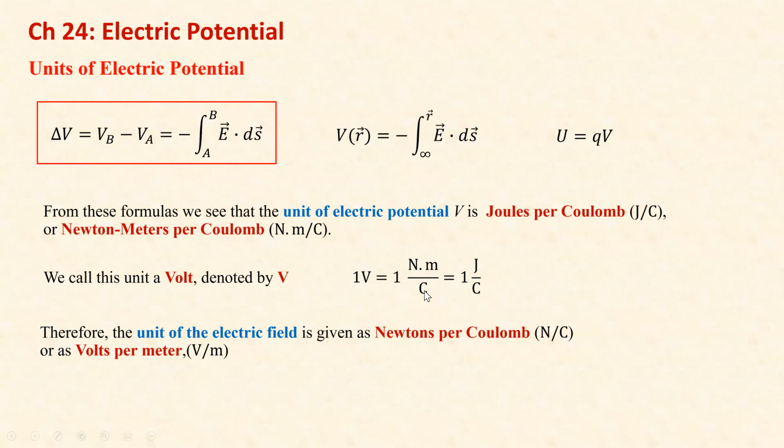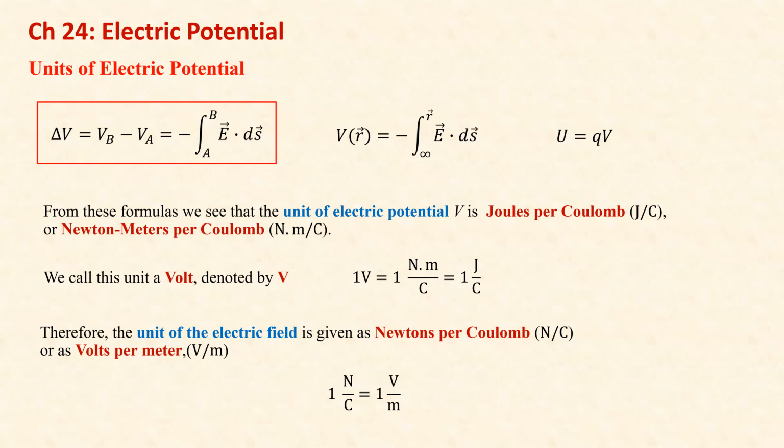From this formula you can see. From the others you can also say the same thing. So 1 Newton per Coulomb is the same as 1 volt per meter. Both of those can be stated as the unit of electric field, and they are the same thing. They are both SI units. All right, this is the unit of electric potential. Any questions so far?